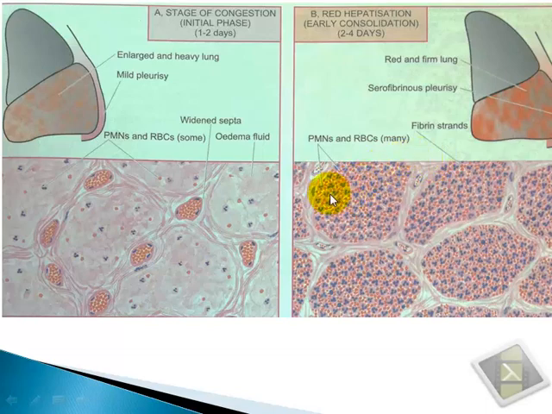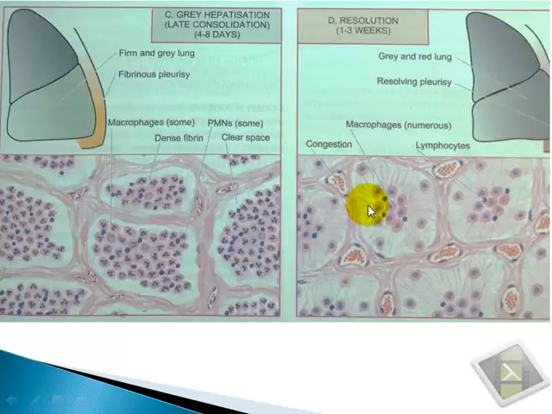You can see lots of neutrophils, lots of RBCs, plus lots of fibrin strands. They will again replace the air, and they will occupy the alveolar spaces. You can see a lot of polymorphonuclear leukocytes and RBCs and fibrin present in the alveolar spaces.